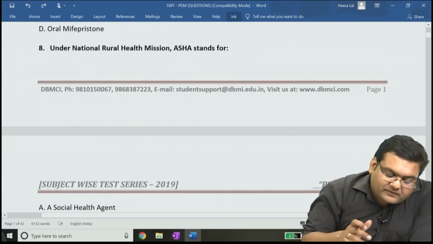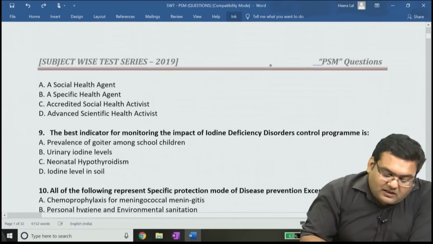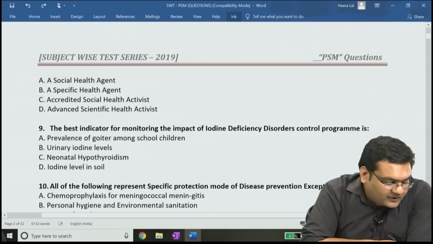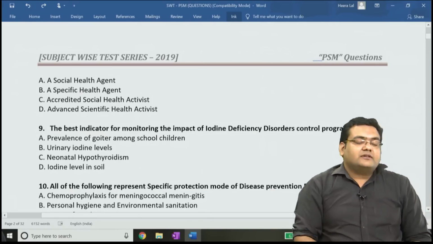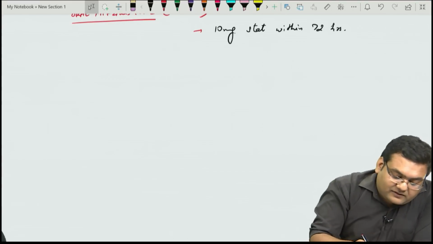Next question, question number 8. Under National Rural Health Mission, ASHA stands for? The correct answer is option C, that is Accredited Social Health Activist.